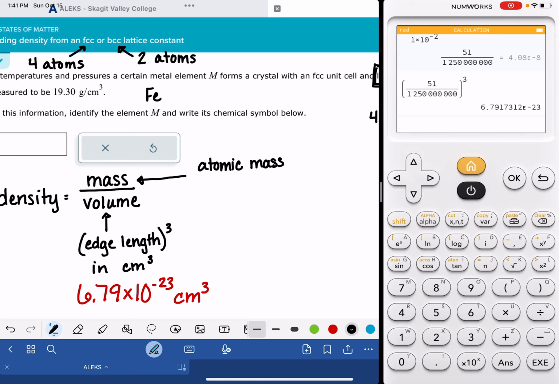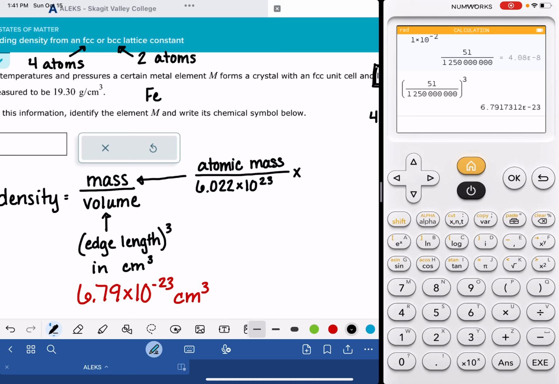mass of iron. You're going to recognize that that number is the mass of a whole entire mole of those atoms, not just one. So you're going to take the atomic mass and divide it by Avogadro's number, 6.022 times 10 to the 23rd. That's going to give you the mass of just one single atom.